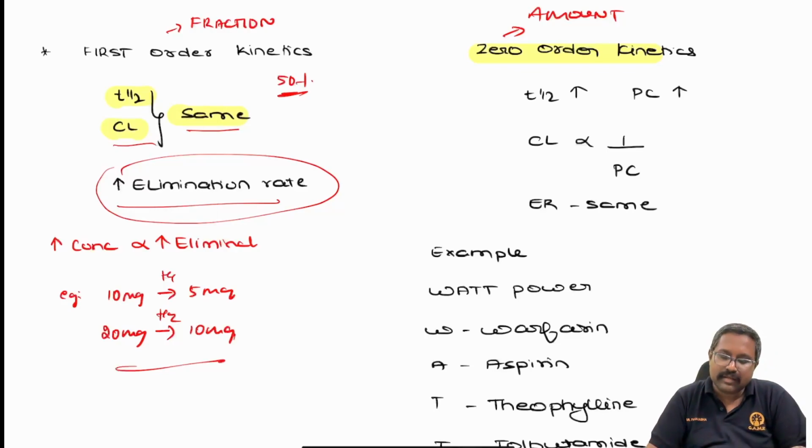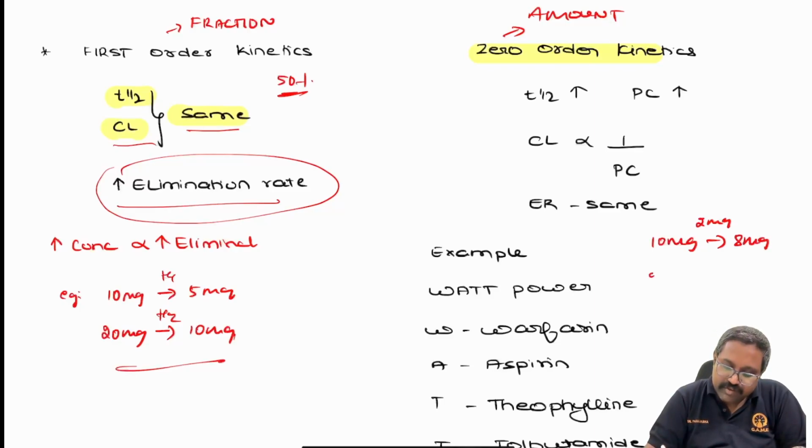For example, if you give 10 milligram, let's say only 2 milligram is eliminated. So what will the concentration be afterwards? It will be 8 milligram. Even if you increase the dose to 20 milligram, the amount of drug that is eliminated will be 2 milligram, a constant amount. So the concentration left in the plasma will be 18 milligram.